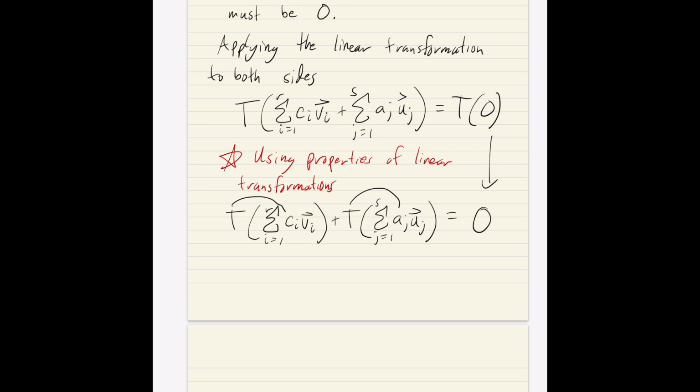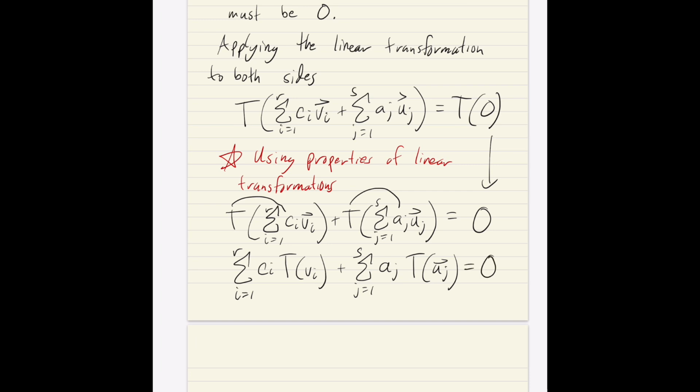That is equal to the sum from i equals 1 to r of ci T of vi plus the sum from j equals 1 to s of aj times T of uj. And that is equal to 0.